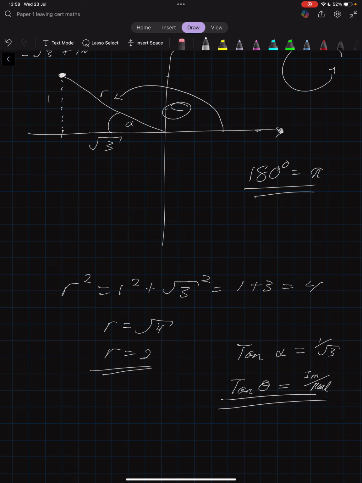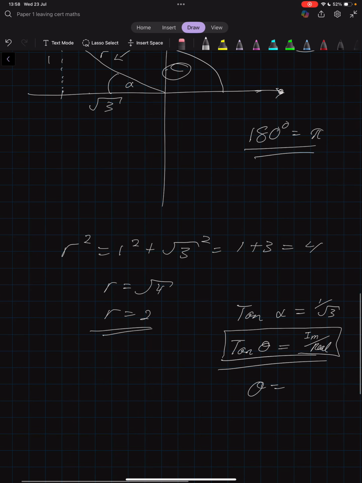This would always work, and it will give you the right answer straight away if you wanted a formula for it. But I just think this way is a bit more intuitive or easy to understand. This formula would work for theta if you put the imaginary over the real and then said that theta was equal to tan minus 1 of that. You'd get theta properly.